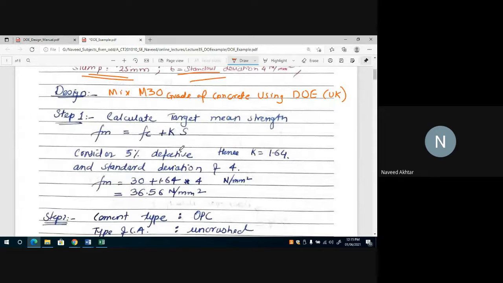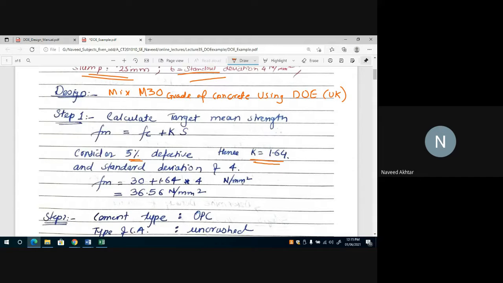In our case, we are considering 5% defective, so the value of K is 1.64.